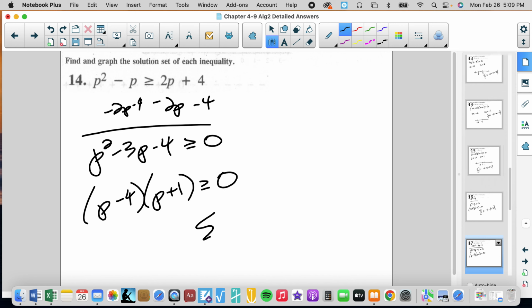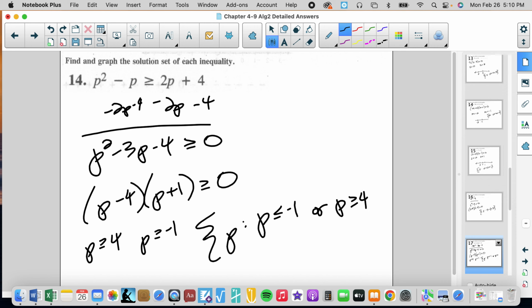So I'm going to say my answer is, let's do this, p is greater than or equal to 4, p is greater than or equal to negative 1. It's best to just write that, right? So we'll say p is less than or equal to negative 1, or p is greater than or equal to 4.